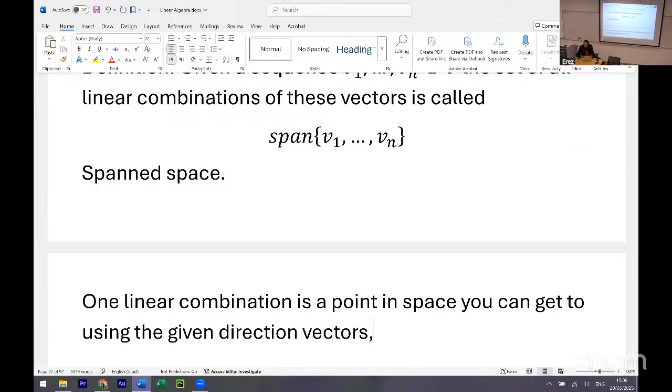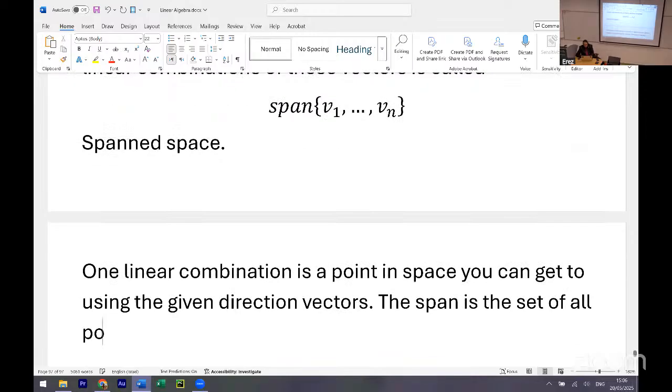So what is the span? One linear combination is the point in space you can get to, but the span is the set of all points you can get to.